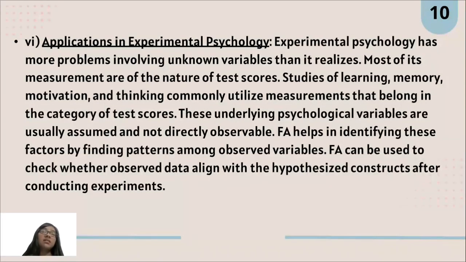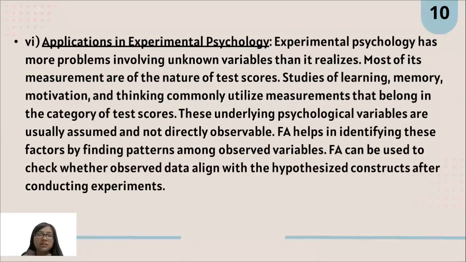For example, I cannot see how much a person is motivated, but I can measure it using a test that is also again abstract and not an absolute one, because there is no absolute zero in psychology. So what factor analysis does is it helps in identifying the pattern that is formed by multiple factors, and we can observe what variables are there.